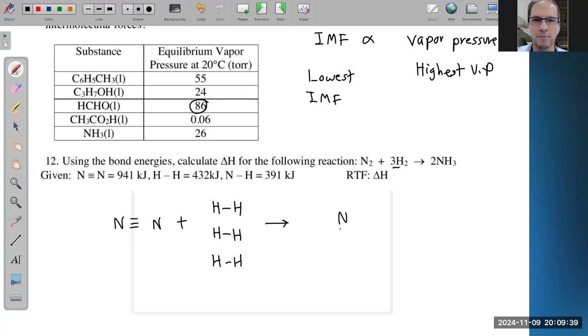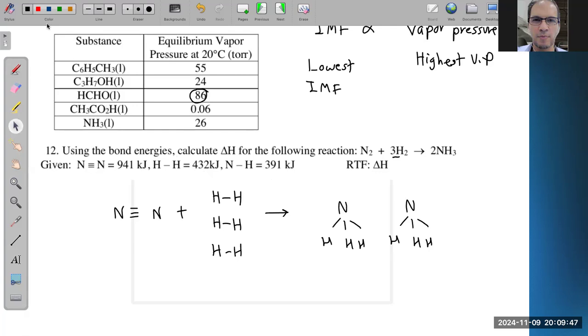And there are 2 of the NH3. This is repeated twice. So basically, I need to find the bonds broken and subtract the bonds formed.